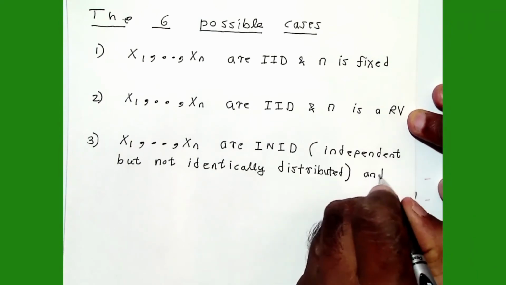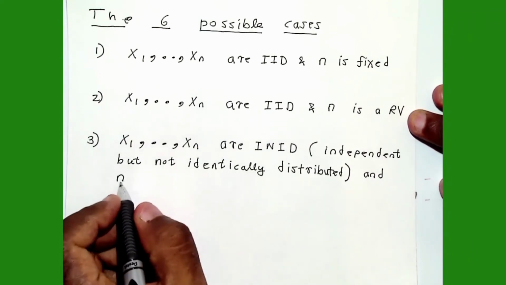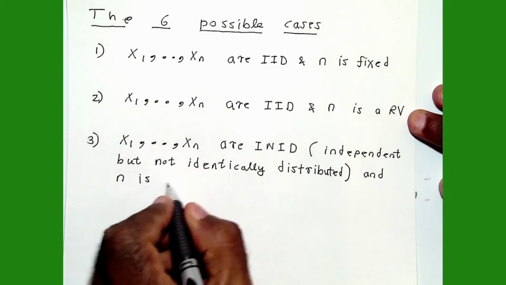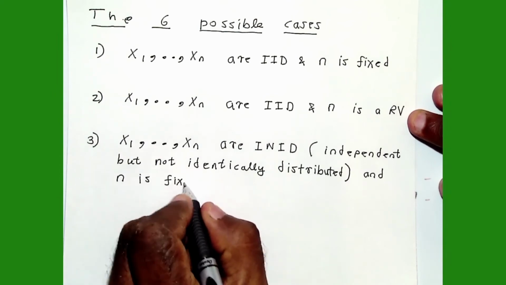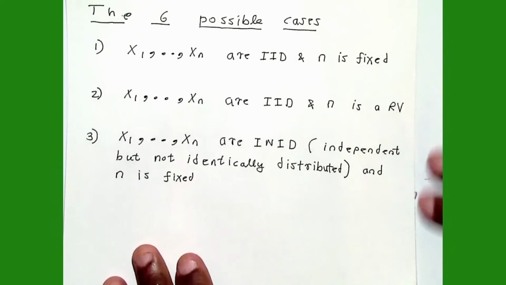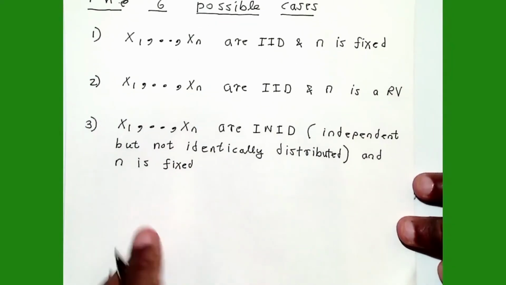And N, the number of investments, is fixed. So this is case number 3.